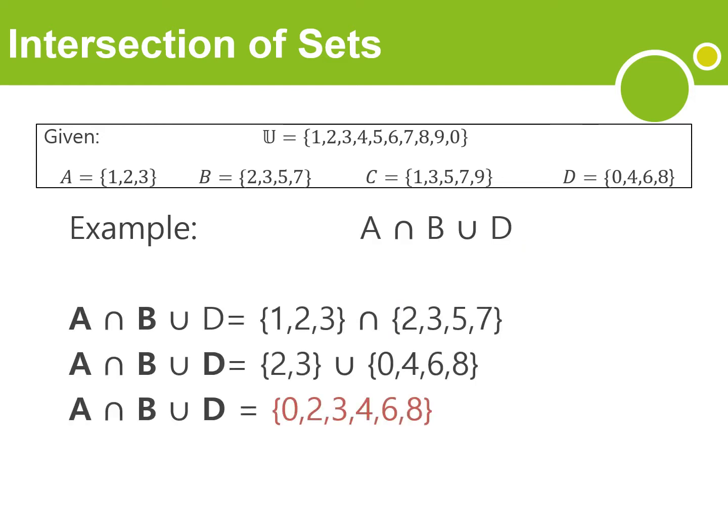Another example, A intersection B union D. There are instances that we use more than one operation on sets. And in this case, we have three sets with two different operations.